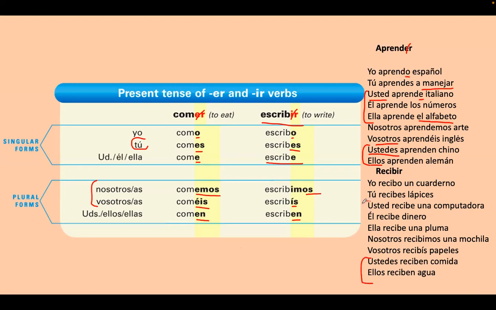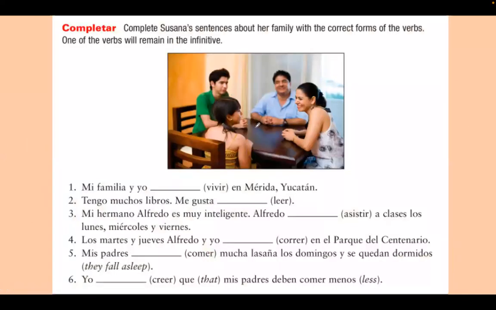These three are the same, have the same conjugation, but they are different because this is you formal, this is you all. Okay, so once you have practiced and you have understood, make sentences that are related to your life. Let's do more practice. So here the first thing is, well, we have here a photograph. Remember, you can create some sentences about the picture.